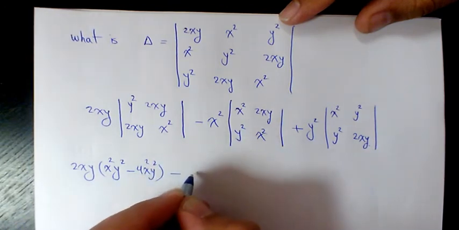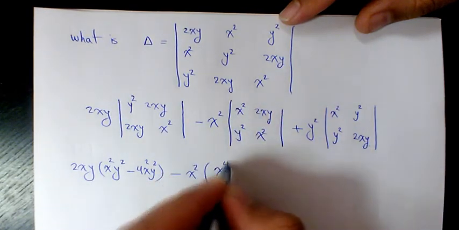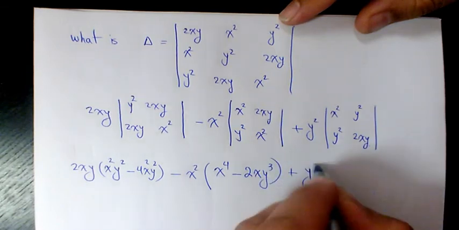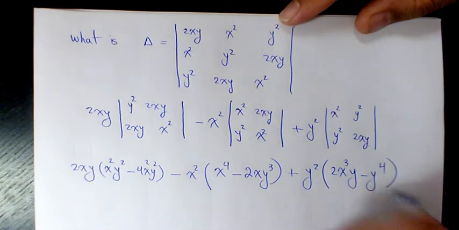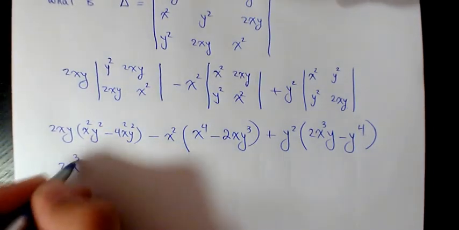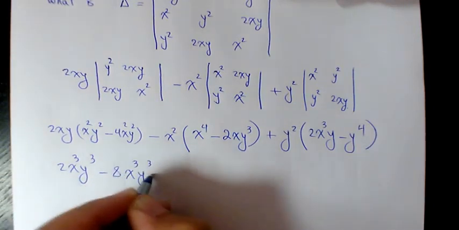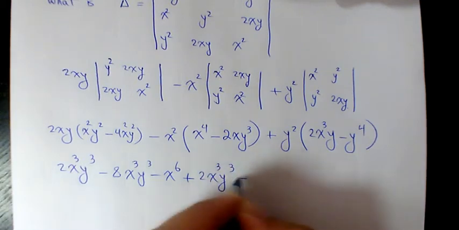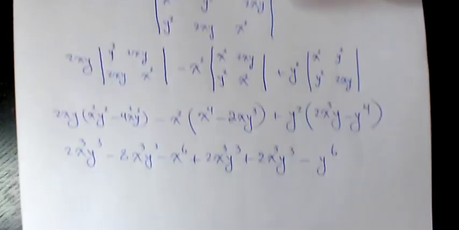Then we have negative x squared times x to the power 4 minus 2xy cubed plus y squared 2x cubed y minus y to the power 4. So we have 2x cubed y cubed minus 8x cubed y cubed minus x to the power of 6 plus 2x cubed y cubed plus 2x cubed y cubed minus y to the power of 6.